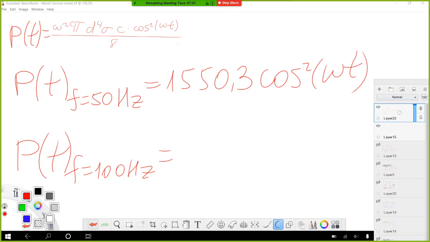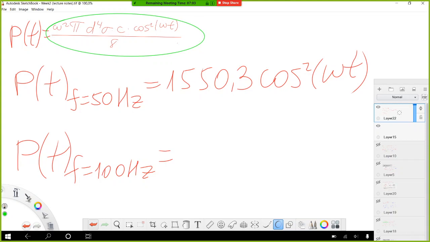Well, if we look at the expression of power, the f is here, and if we increase f twice, the power will be increased 4 times, because power depends on the square of frequency.